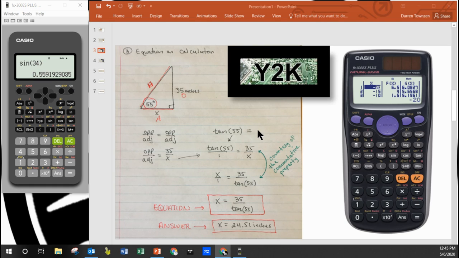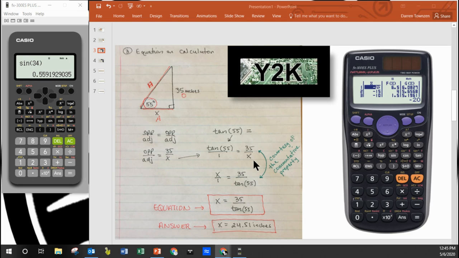So instead of finding the decimal value here and writing it here, we're just going to write down tangent 55. So now we have tangent 55 over 1 equals 35 over x. And this problem has an x on the bottom, which is the one that causes most students difficulty because you're going to have to divide at some point to find the answer in this problem.